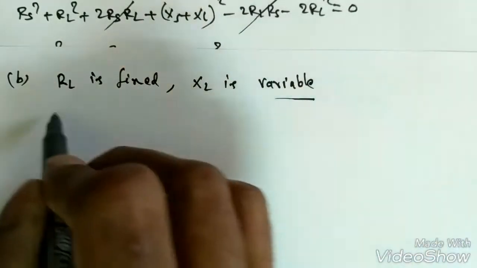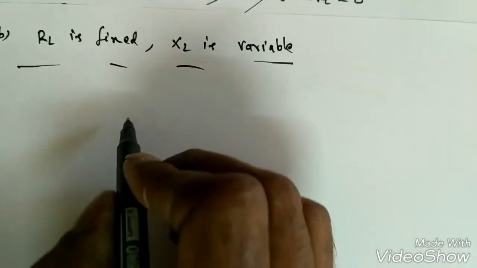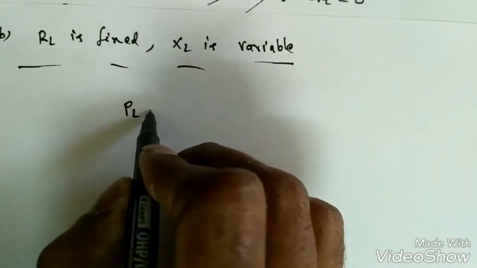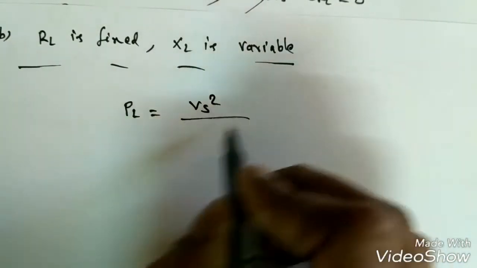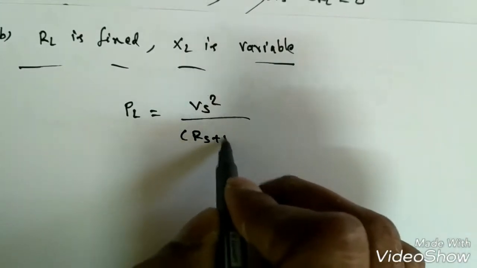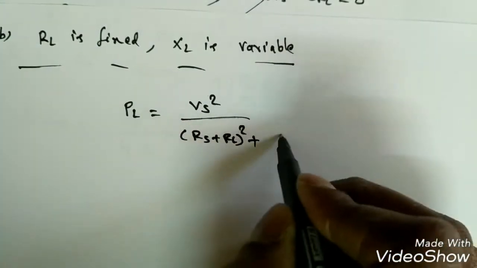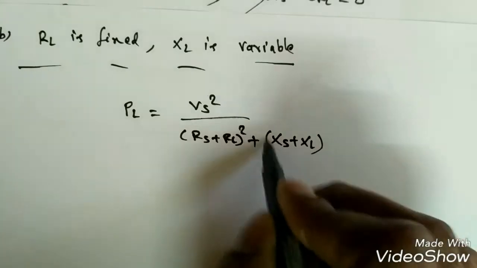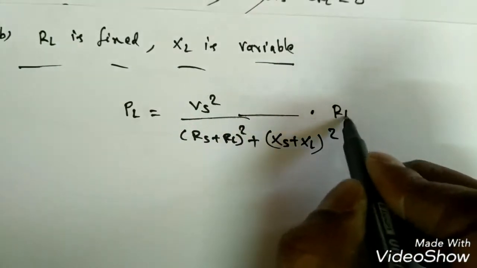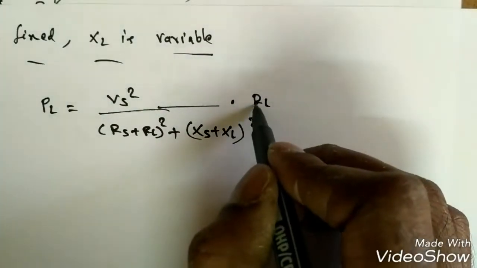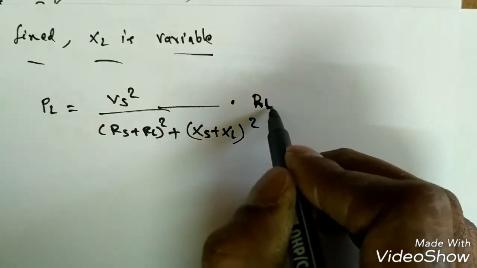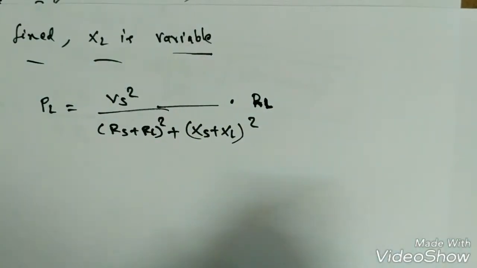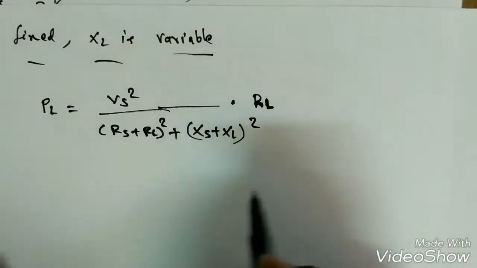Now in this case also, PL is equal to Vs square by the same condition, that is Rs plus RL whole square plus Xs plus XL whole square, into RL, because we need the dissipating power, and only resistance will dissipate the power, so we can take the same exact equation.